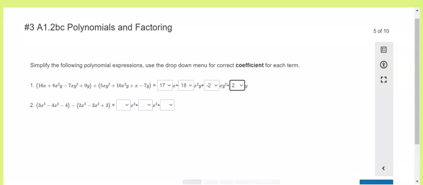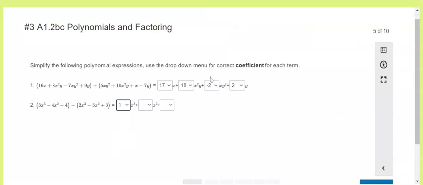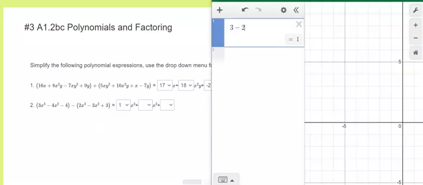And then minus, just be careful here. Maybe I'll go ahead and use decimals for my minuses. So 3 minus 2, well, that's just 1. Negative 4 minus negative 3 is negative 1.